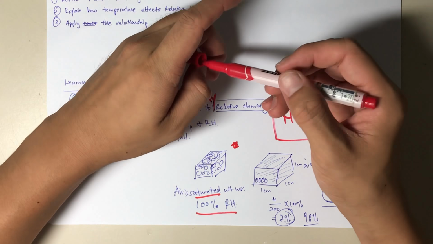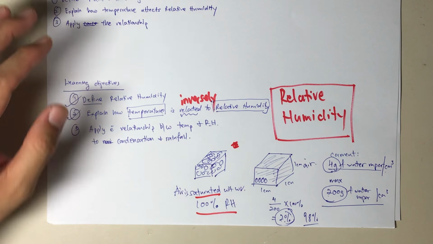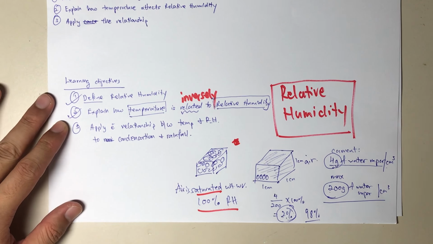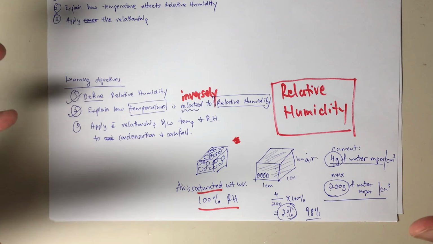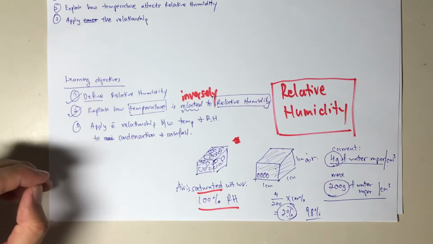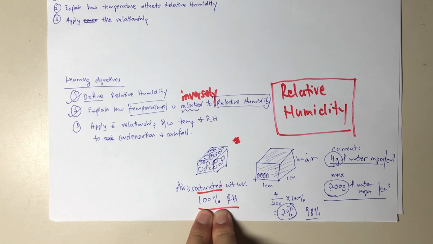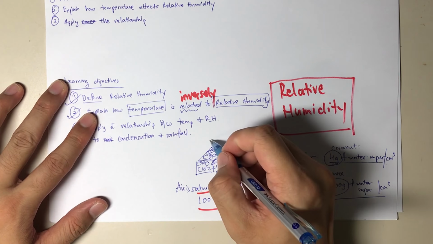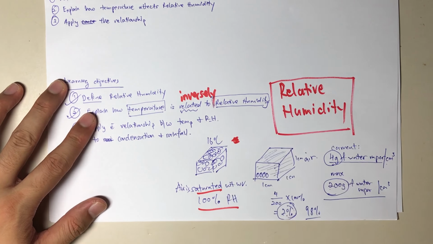Okay, air is saturated. Now, based on the previous understanding, when temperature decreases, air should contract. Let's say now it is at 100% at maybe 16 degrees Celsius.